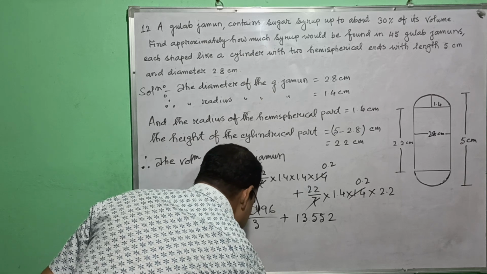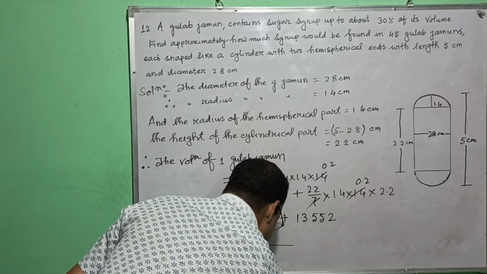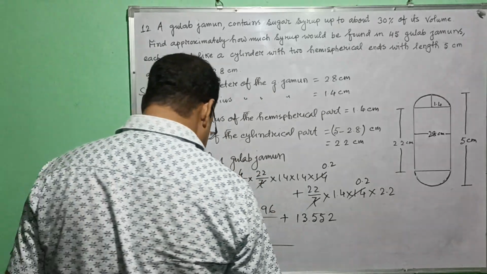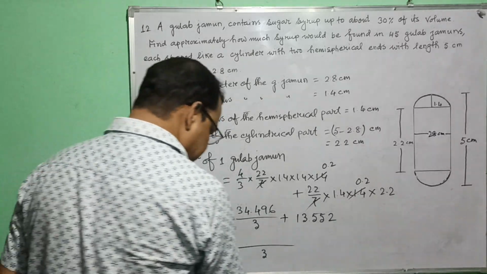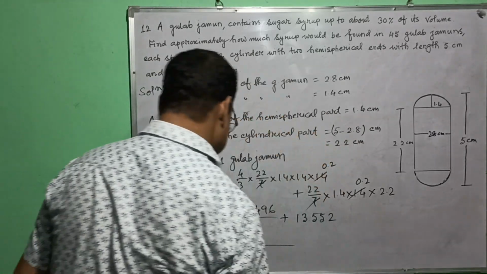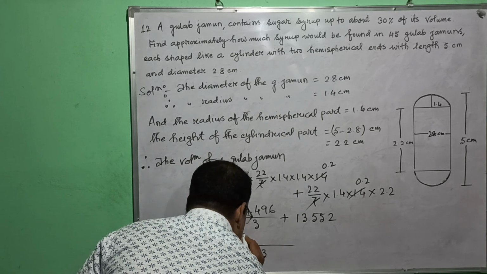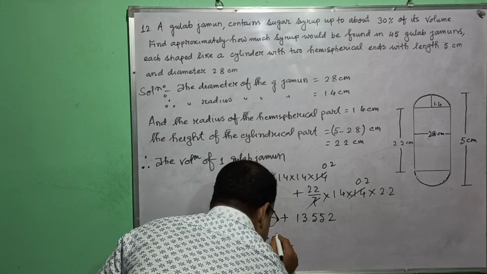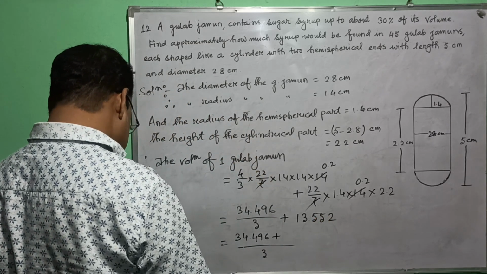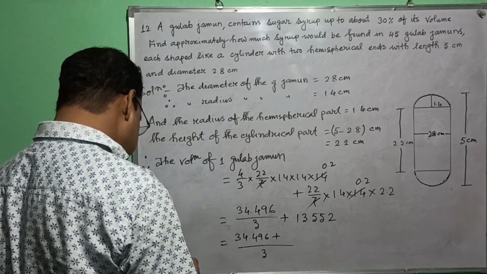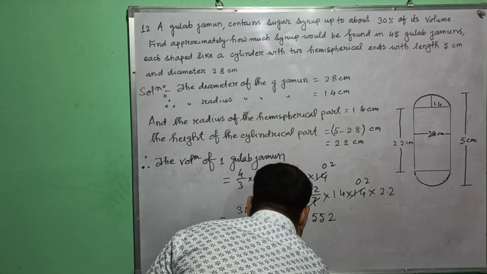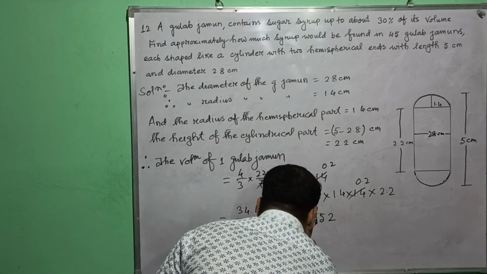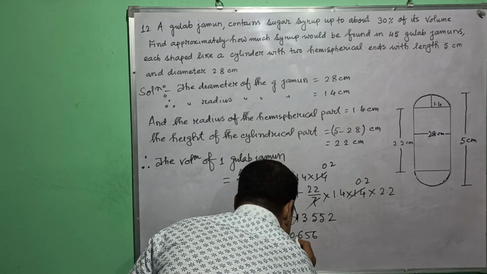So we'll take LCM 3 and then here will be 34.496 plus 3 into that one. So into 3 equal to 40.656. Here point is there.